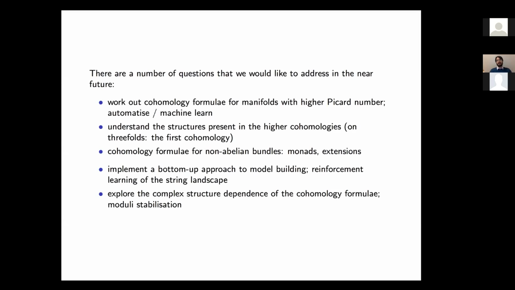And then something that I haven't touched upon is the complex structure dependence of these cohomology formulae. All the results that I presented hold at generic points in complex structure moduli space, but it is known that at certain loci in complex structure moduli space, there are jumping phenomena in cohomology.